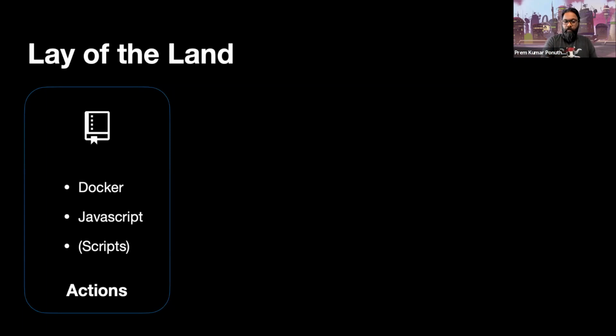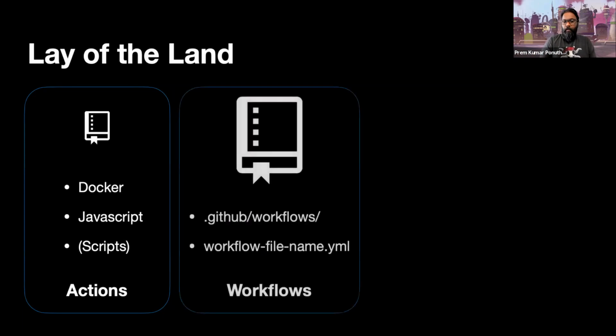You have various different types of action for that. When you would like to piece the puzzles together, when you want to use a few of the actions together in a workflow that you would like to define, what you would need to do is first create a folder called workflows in a special folder called .github. In that workflows folder, you need to have a well-defined YAML file.